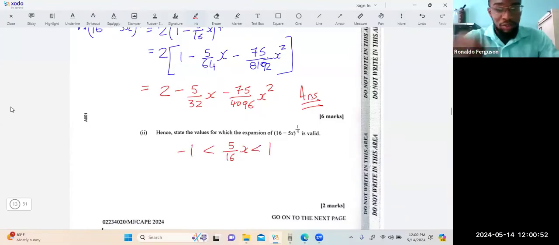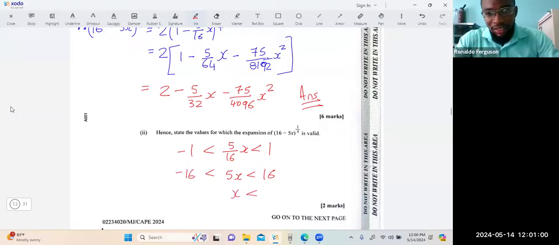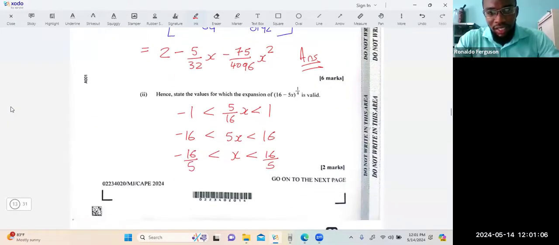So if we multiply through by 16, it's valid when 5x is between 16 and -16. So it's valid when x is between 16 over 5 and -16 over 5. So it's valid, in other words, when x is between negative 16 over 5, which is 3.2, and positive 3.2. That's when the expansion is valid.